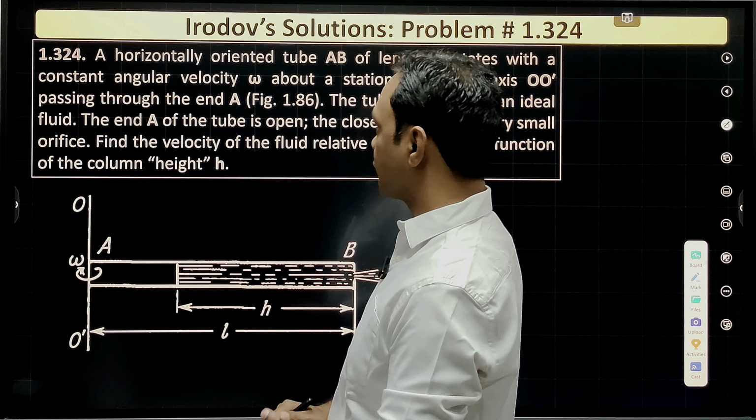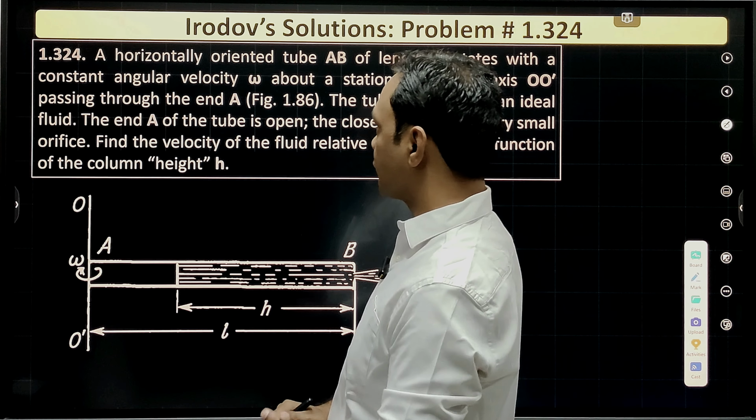Using the a square minus b square formula, the difference would be H, and the sum will be 2L minus H, divided by 2.